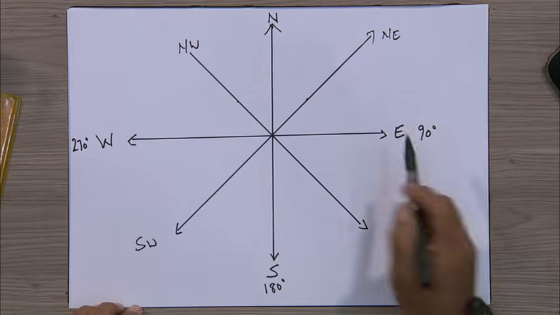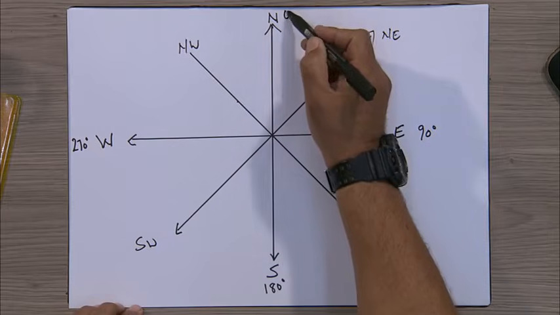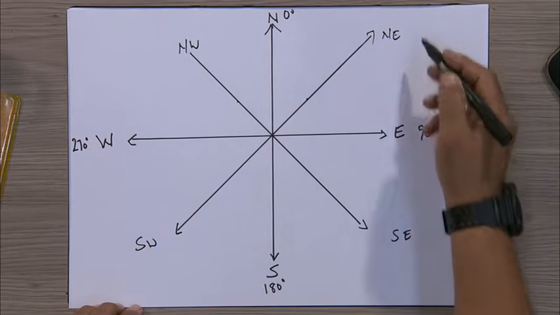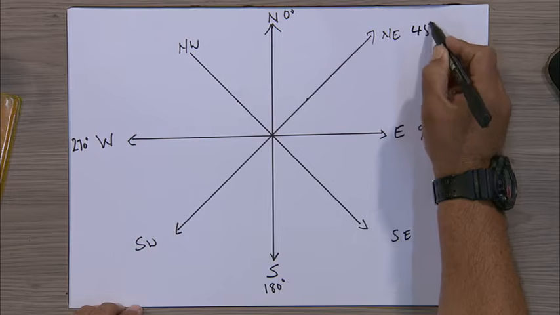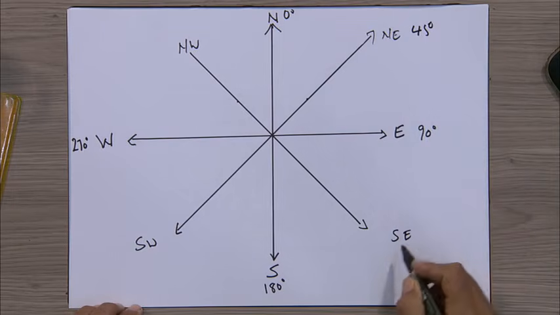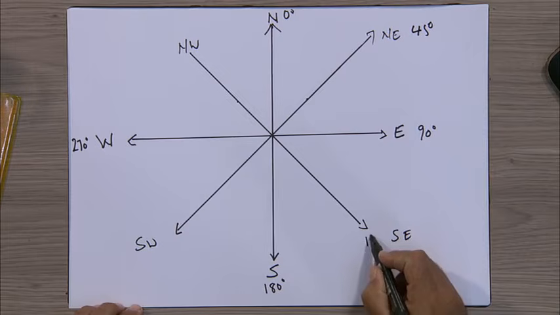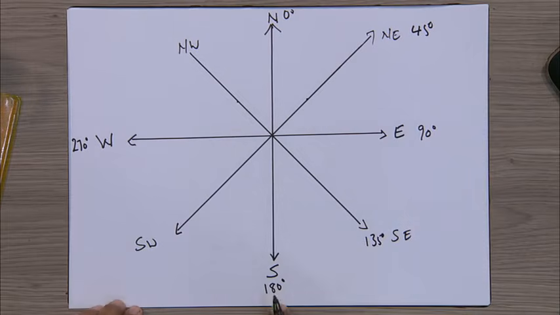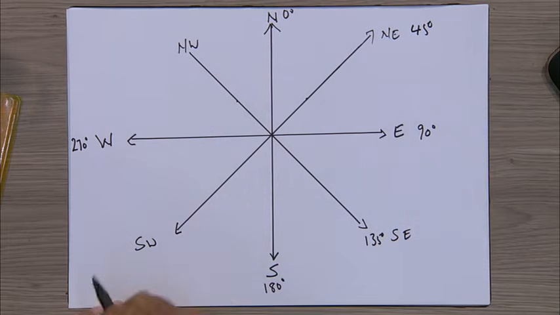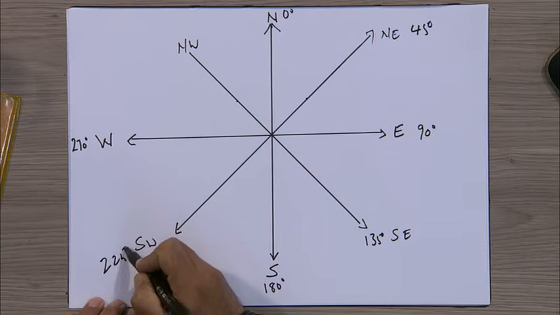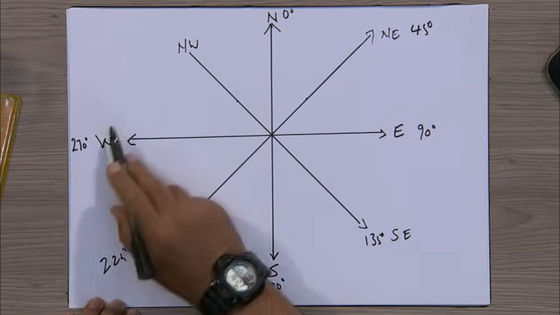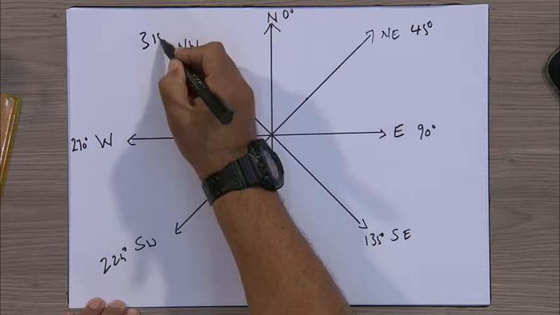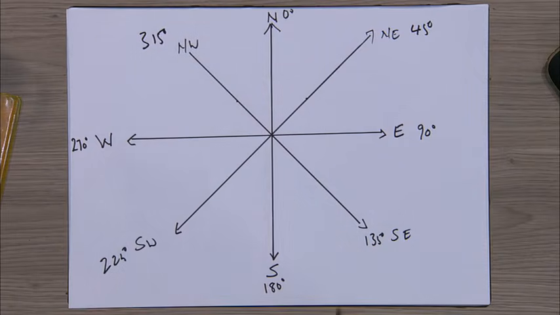And now we can give them a value too, because if north is 0 degrees, then that is halfway between 0 and 90, so that will be 45 degrees. 90 plus 45 is going to give me 135 degrees. 180 plus 45 is going to give me 225 degrees. And then 270 plus 45 is going to give me 315 degrees.